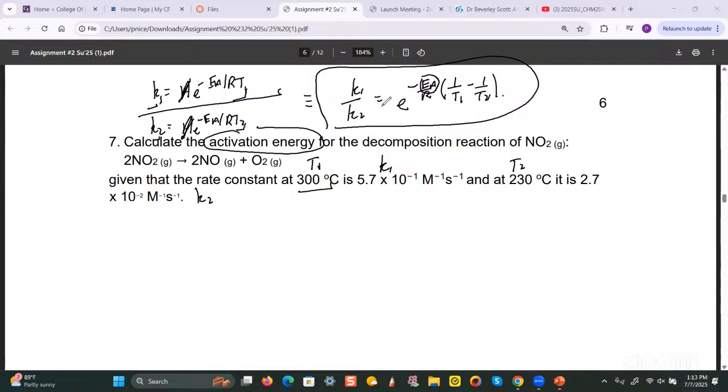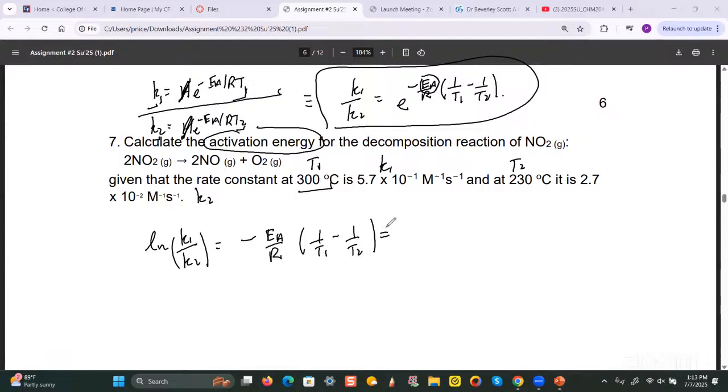So the question is, how do we get the activation energy? Well, we could take the natural log of both sides, right? When we do that, you're going to end up with ln k1 over k2, and that would be equal to minus Ea over R times 1 over T1 minus 1 over T2.